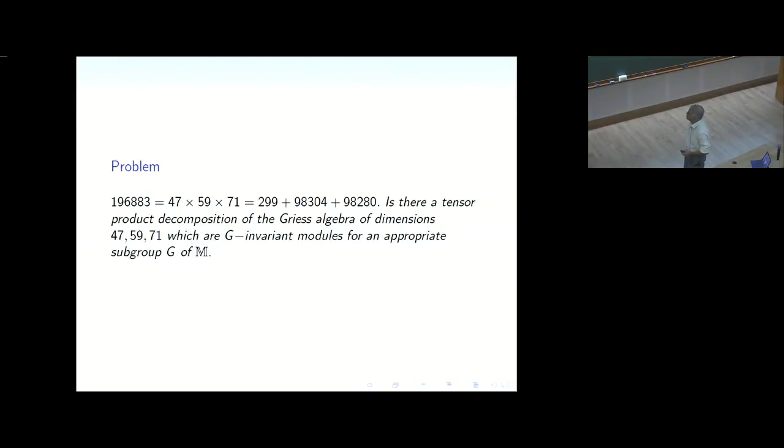That is, he constructs subspaces of these dimensions, and then he creates the larger one. But this number also has a decomposition like this: 47 times 59 times 71, and whether there is anything interesting about the Griess algebra in terms of this.